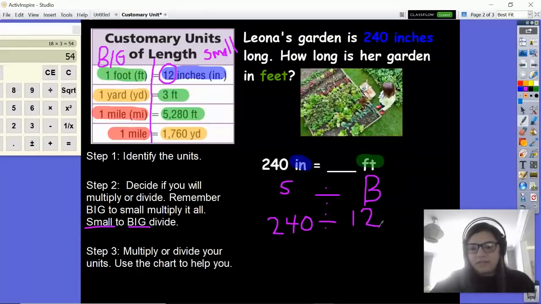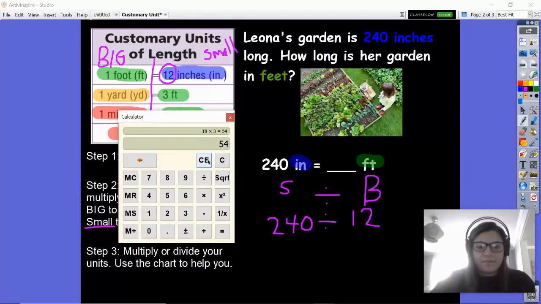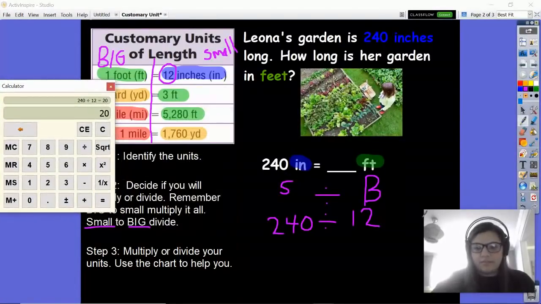When I do that, I can pull out my calculator again. 240 divided by 12, and that's going to give me 20.